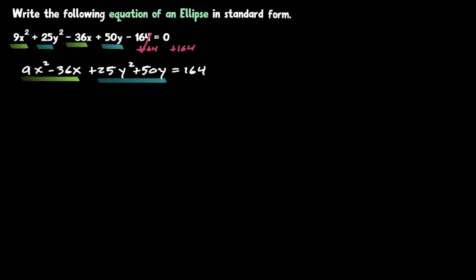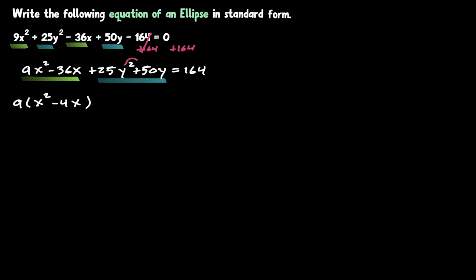Next, if we want to complete the square on the variable of x, our leading coefficient needs to be of a value of 1, and we do not have that. That's a problem. So how about I look at those terms that have an x on it, and I factor a value of 9. And now we are good, because when it comes to the x's, notice that the leading coefficient is 1.